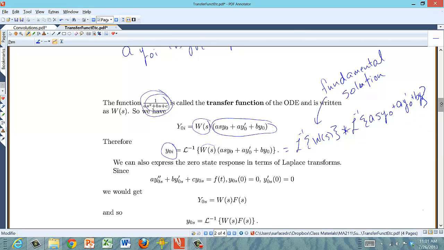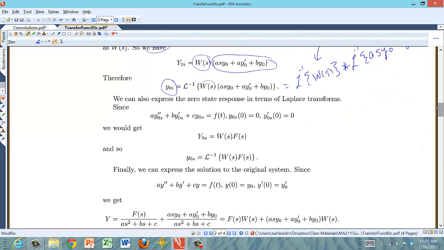Okay, let's take a look at the zero state response, and we'll see if we can write down what it is also. The zero state response is the original ODE, but with zero initial conditions. So we'll Laplace transform everything, right?